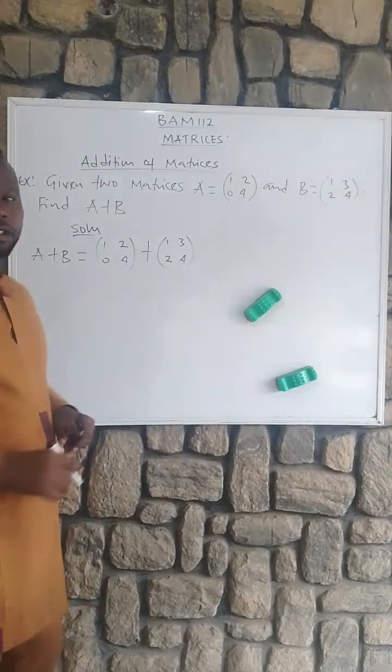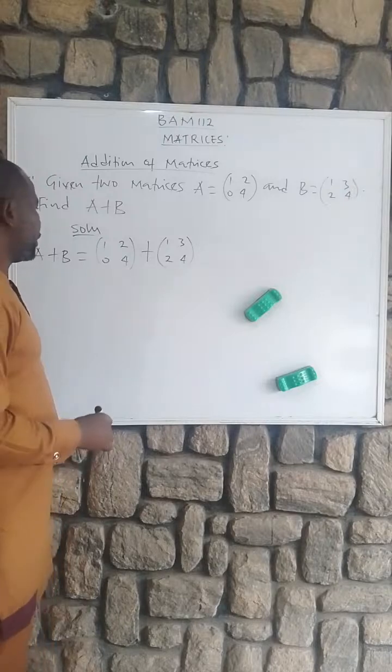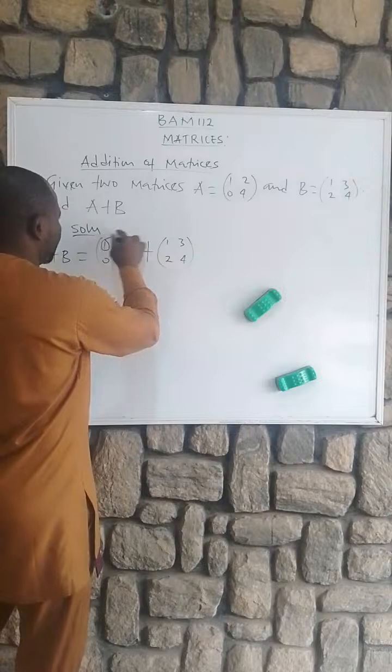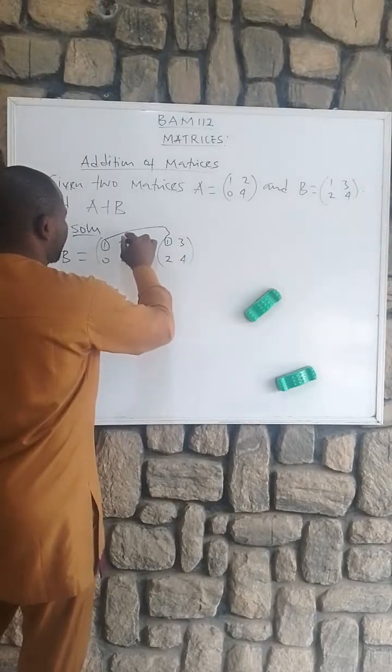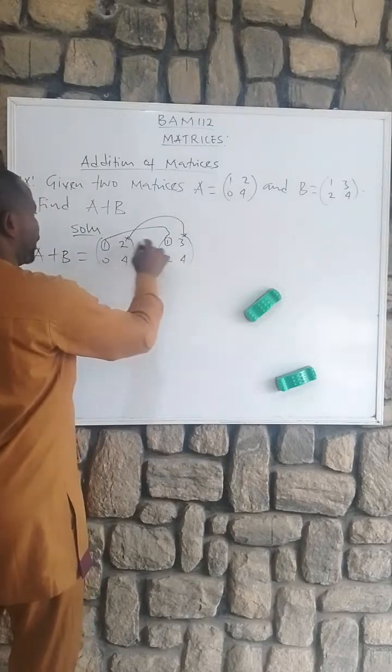So if you want to add these two matrices, you don't need a prophet to tell you what is there. 1, add it to what is there. Now what is there? 2, add it to what is there. Then likewise the same thing.